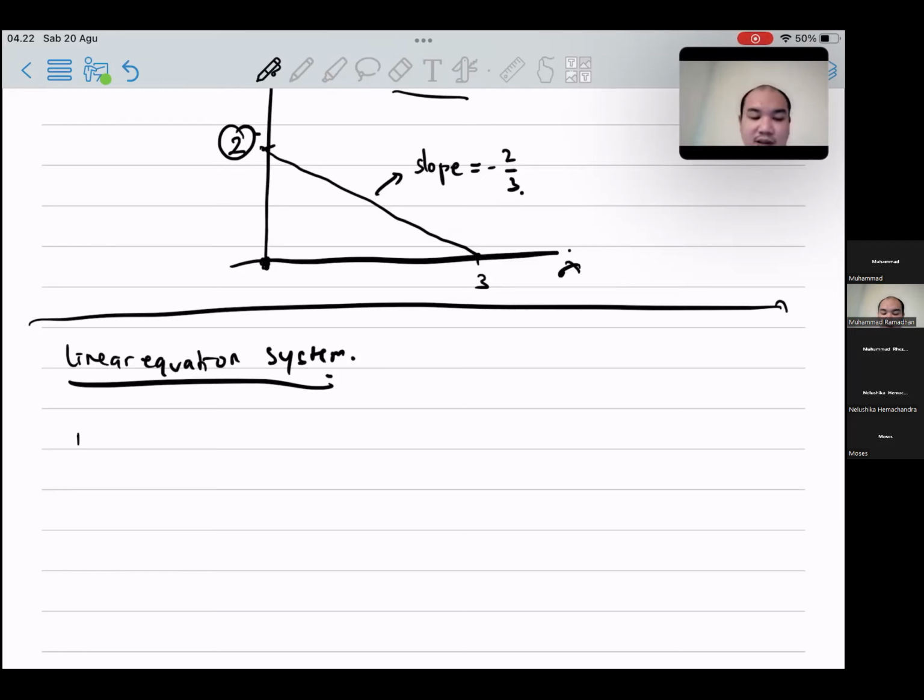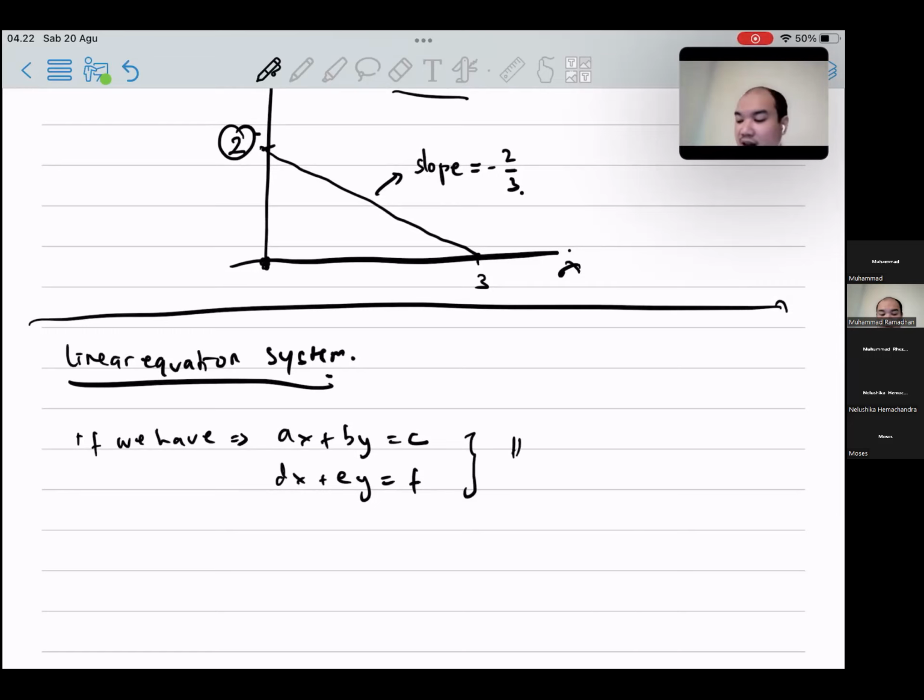Suppose we have ax plus by equal to c and then dx plus ey equal to f, something like that.